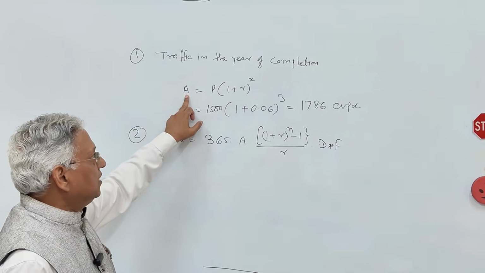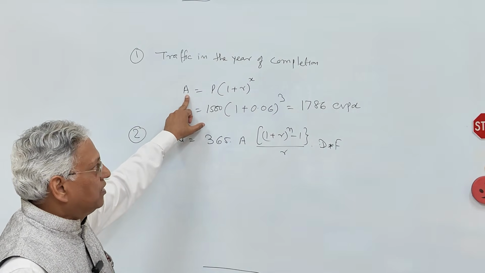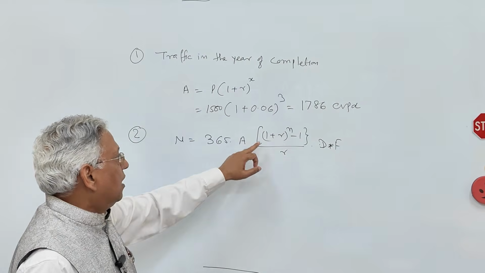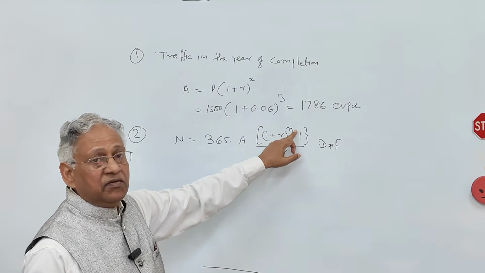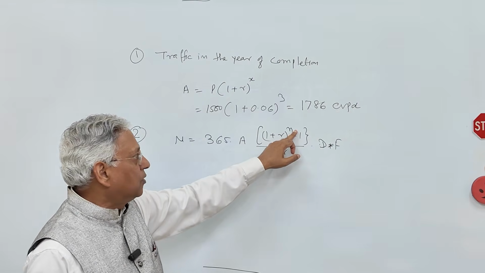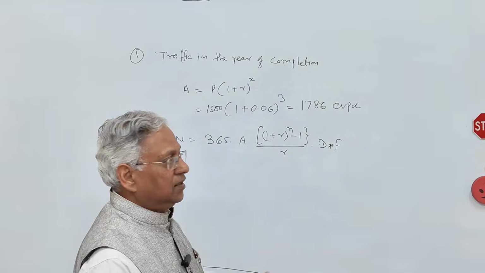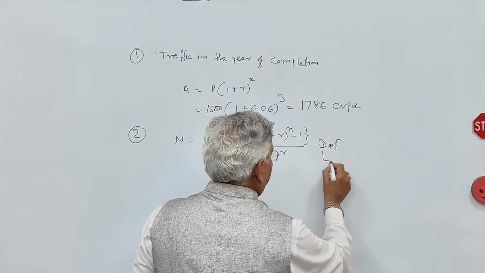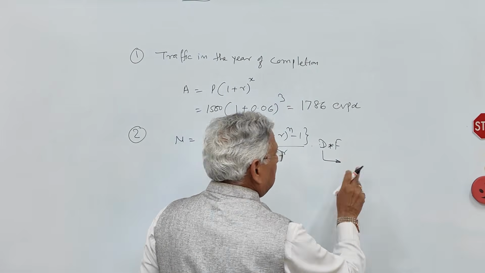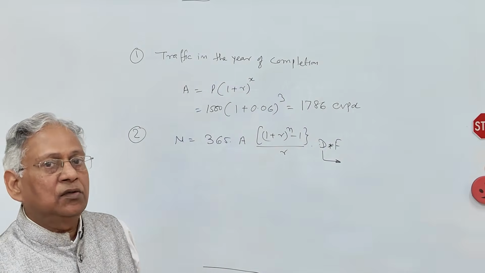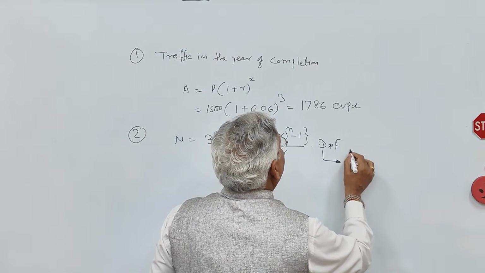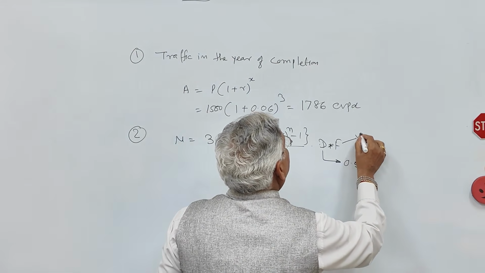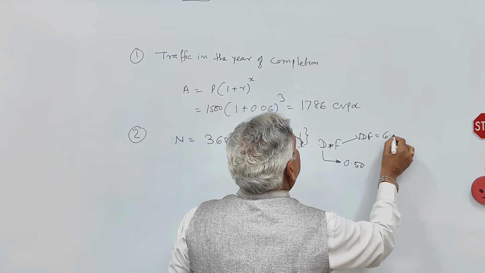A we have calculated here as 1786 vehicles per day. R is known, 0.06. n is the design period, which is taken as 15 years in this example problem. D is called the distribution factor, the traffic distribution in two directions, and for a two-lane road this factor is taken as 0.5. F is the VDF, which is given as 6.